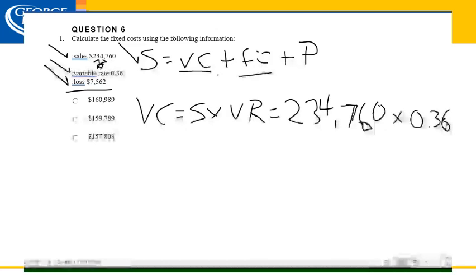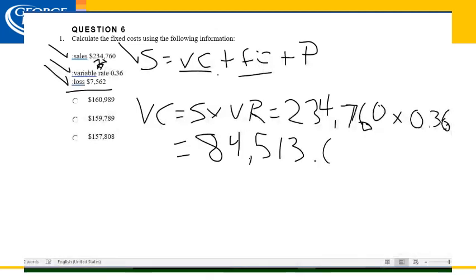Okay, so our variable costs turn out to be, again, I have to pull up the calculator for this, 234,760 multiplied by 0.36 or 36%. Our variable costs are equal to $84,513.60. Okay. So now we have our sales because we had it before.